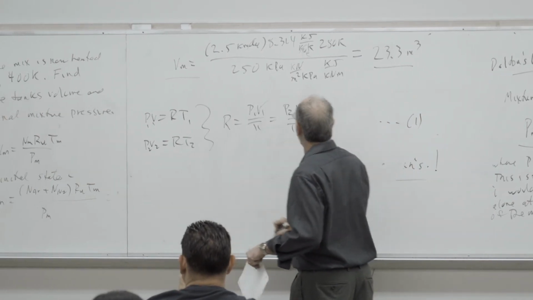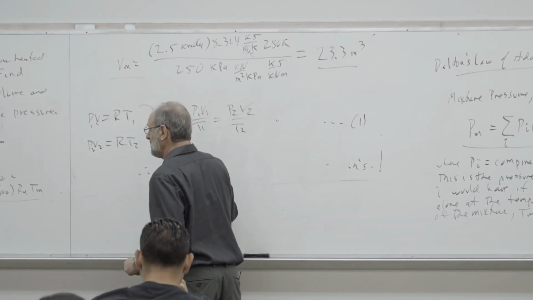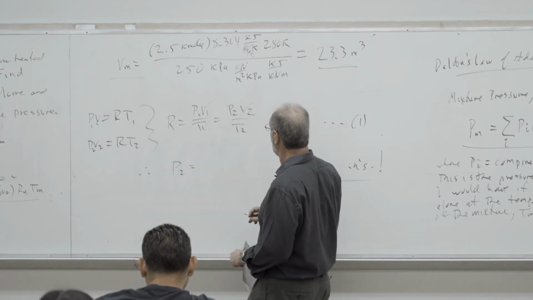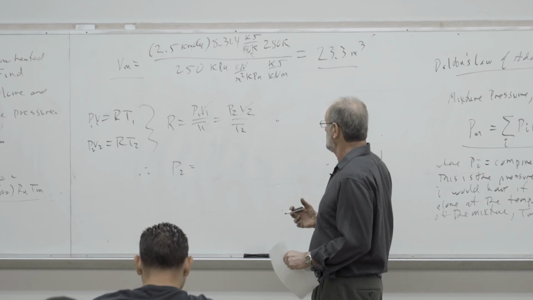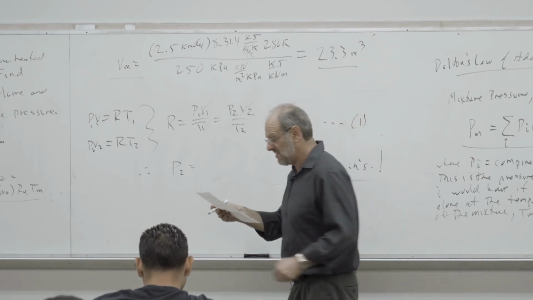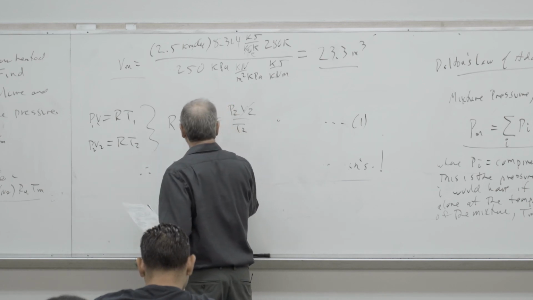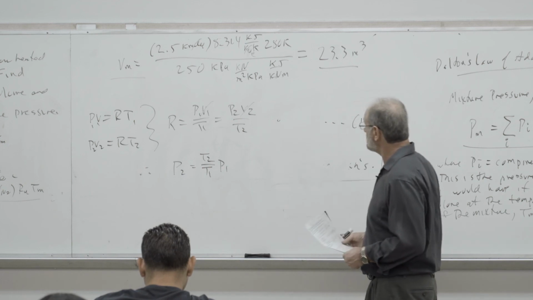It's the same on each side, so that just cancels out. And therefore, we can find the final pressure simply by using what remains of this equation, which is nothing more than the temperature ratio and the pressure at point 1. So P2 is just simply going to equal T2 over T1 times P1, right?